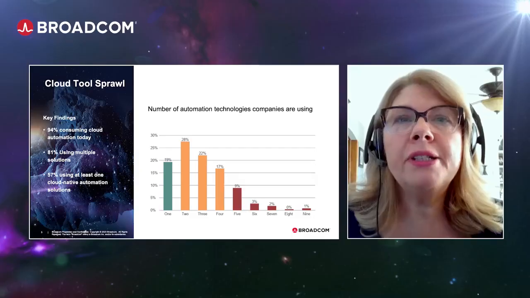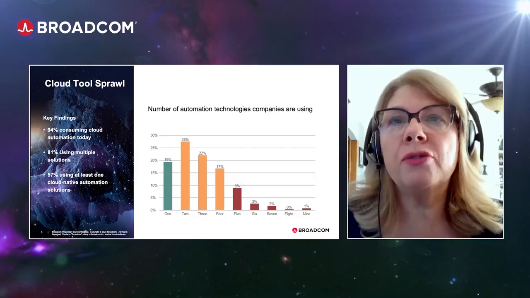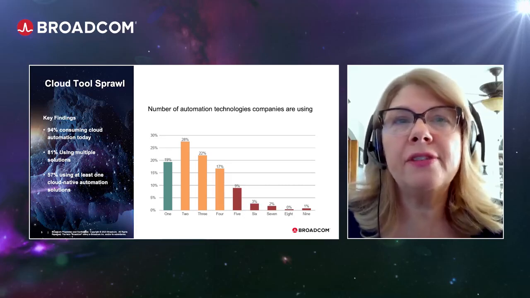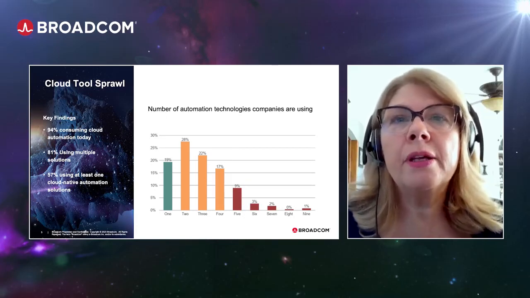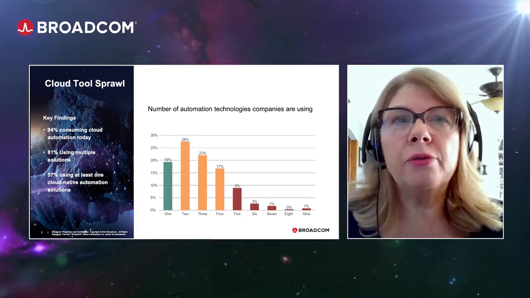So, with all of these options available, you can see just how easy it is to get into that cloud tool sprawl challenge, particularly if customers are being directed to use these cloud native solutions that are available. Quite often, there just seems to be no well thought out strategy, and each application team is free to choose their tool of choice.